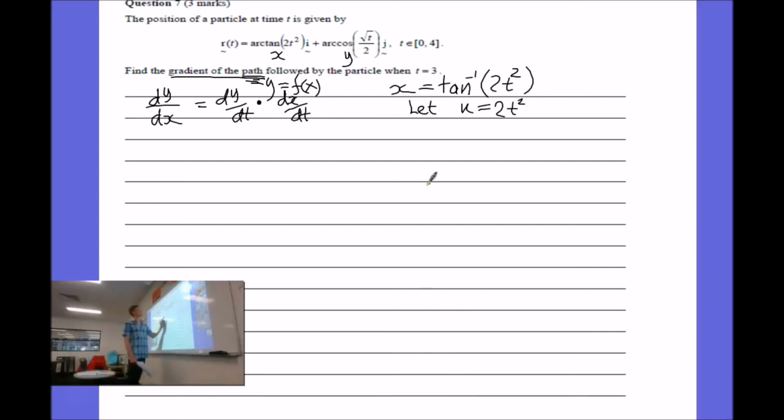All right. And so now our x becomes just a function of u. So now there's my simple function, my arctan function by itself, and I've got my small quadratic function by itself. Yeah, let's do the same for the y equation.